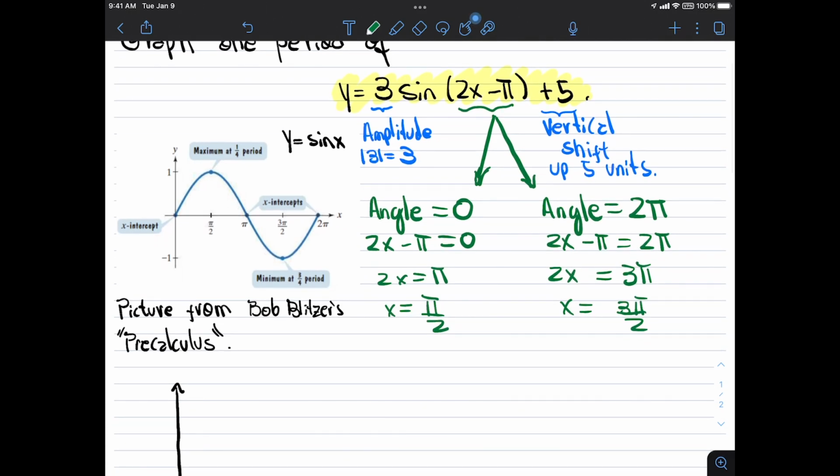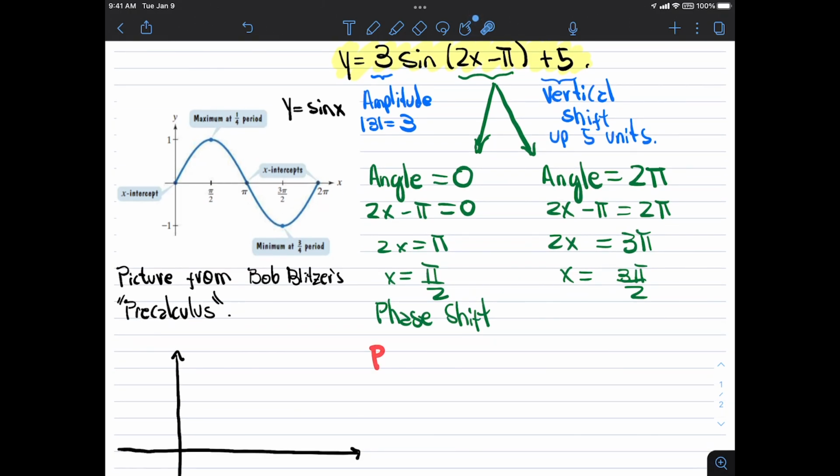So this guy here is what we call the phase shift. And this one here doesn't have a specific name, but we can use it to find the period, because the period will be the end of the period, 3 pi over 2, minus the beginning of the period, which is the phase shift, pi over 2. So that's 3 pi over 2 minus pi over 2, so that's 2 pi over 2, so that's pi.